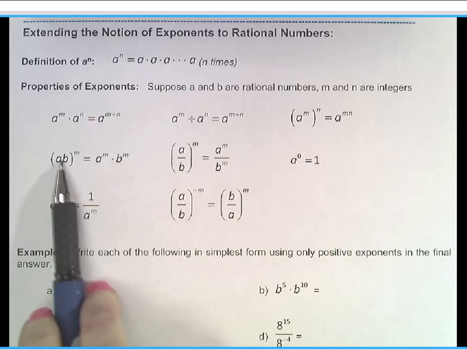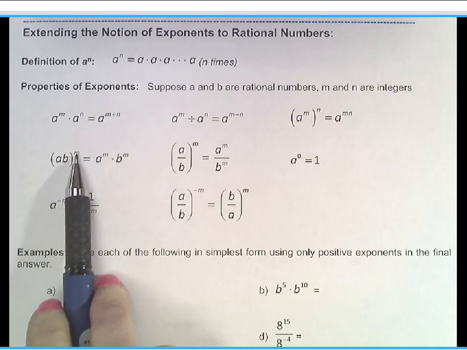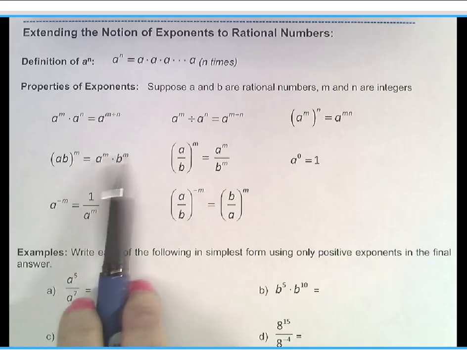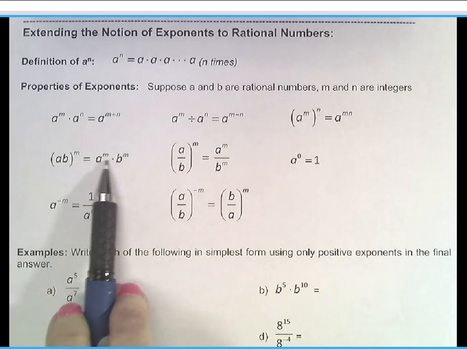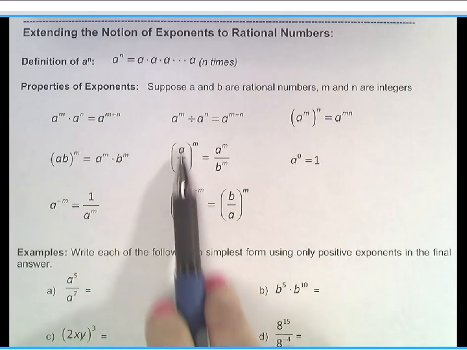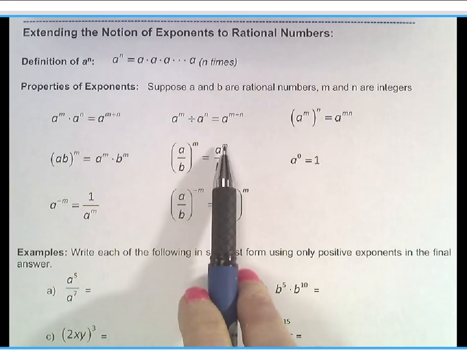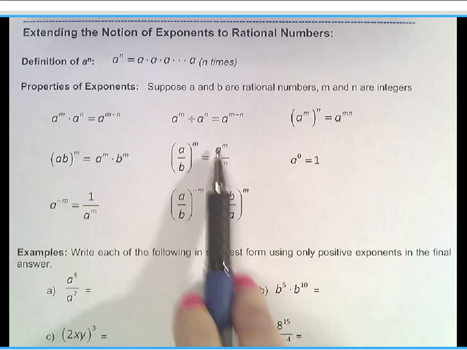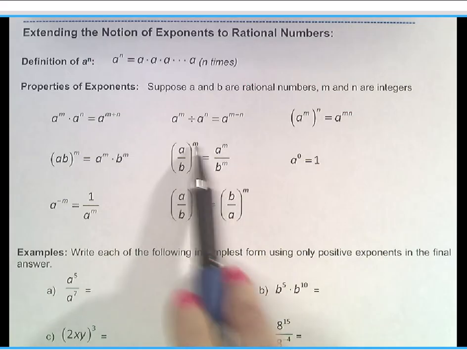If you have a product, so some numbers multiplied together, that the entire group is raised to a power, that means that exponent gets applied to everybody in the group. So it gets applied to the a and also the b, still multiplication. If you have division raised to a power, then the numerator and the denominator will both get that power.